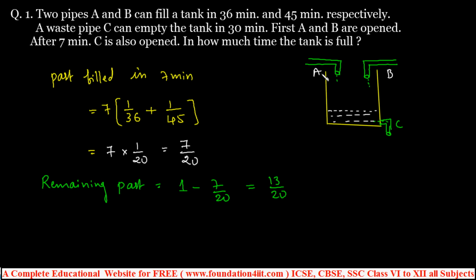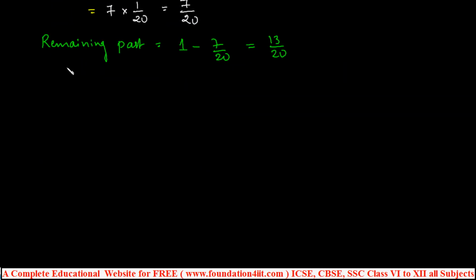Now when A, B, C are open, A and B are filling and C is emptying, so for C we should take a minus symbol. Now we can make the statement for the part filled by A plus B plus C in 1 minute.